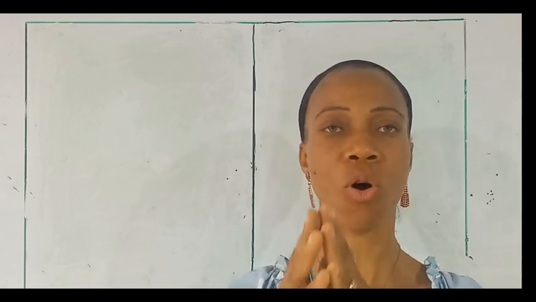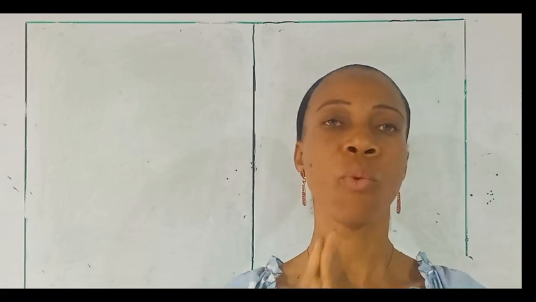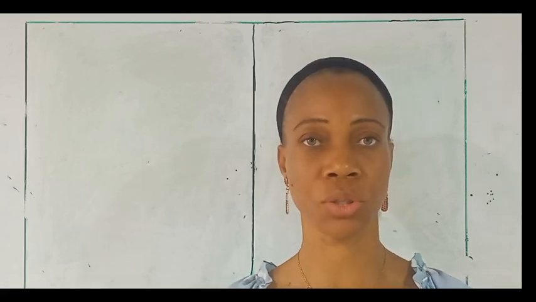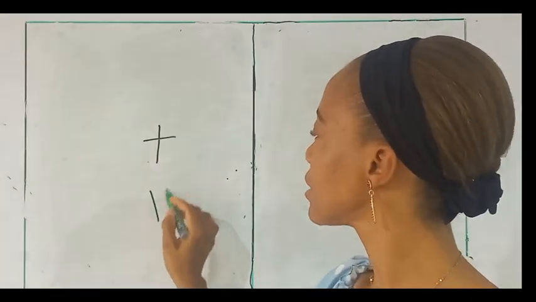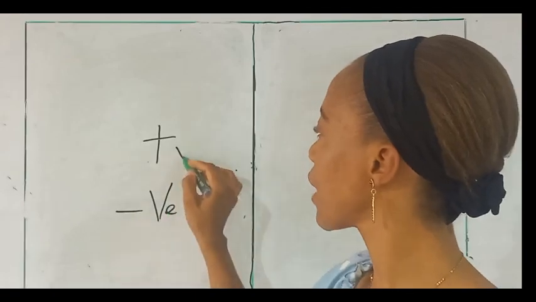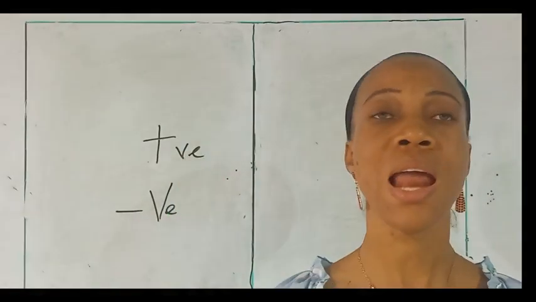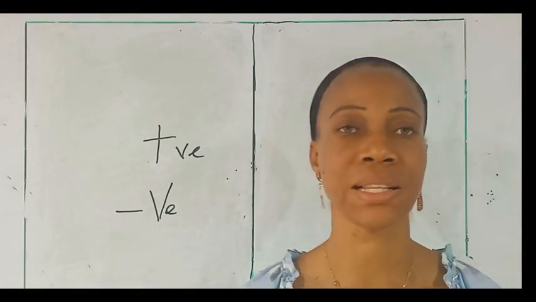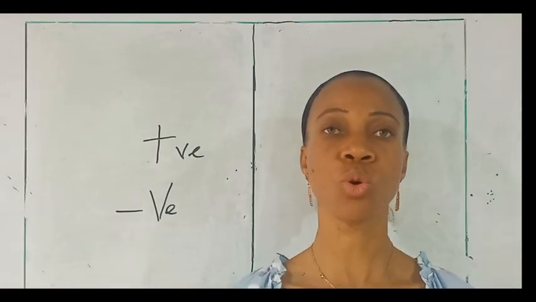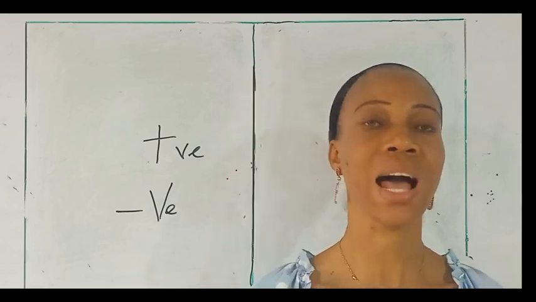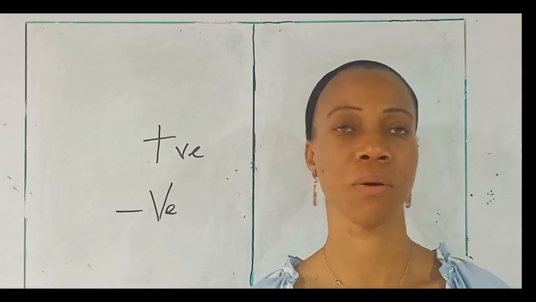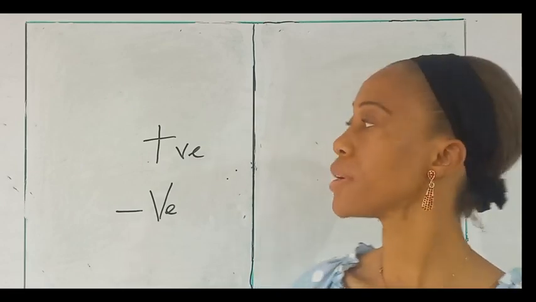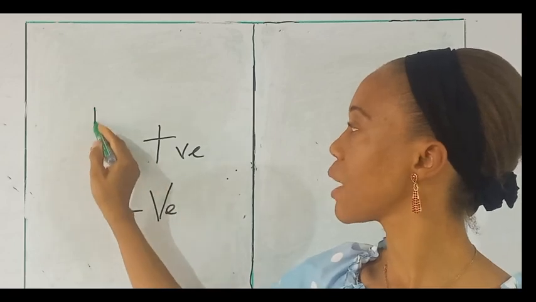Then we have what is called electrode. We have two types of electrode, the positive electrode and the negative electrode. Electrodes are plates and rods through which current enters or leaves the electrolytic cell. The positive electrode is like a plate.